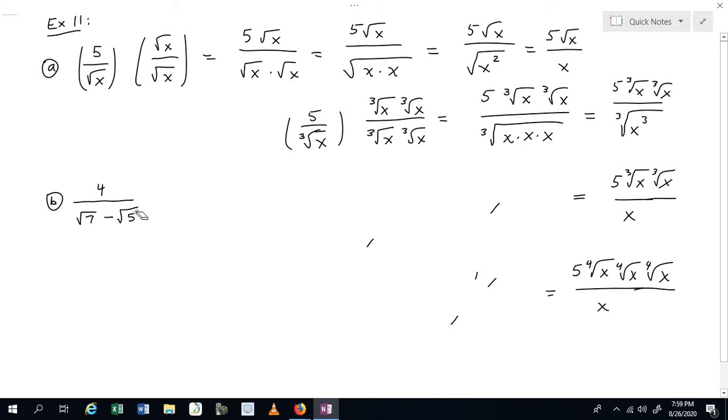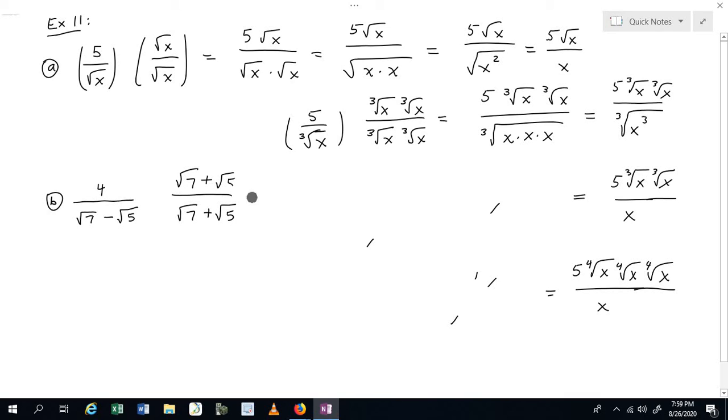The conjugate of this would be the square root of 7 plus the square root of 5. So you have to change the sign in front of one of the radicals. Okay, so we're going to change the sign in front of this radical. We're going to make this one a plus. Okay, so the conjugate is going to be the square root of 7 plus the square root of 5.